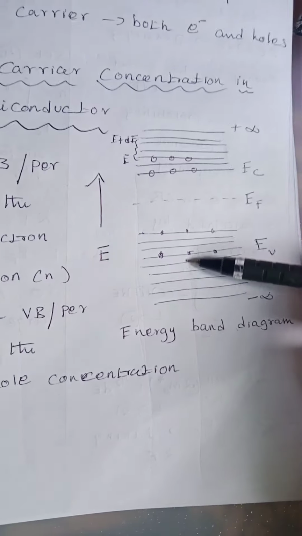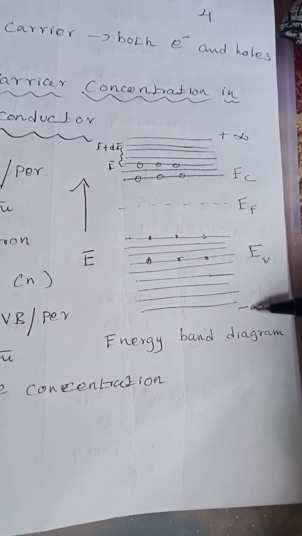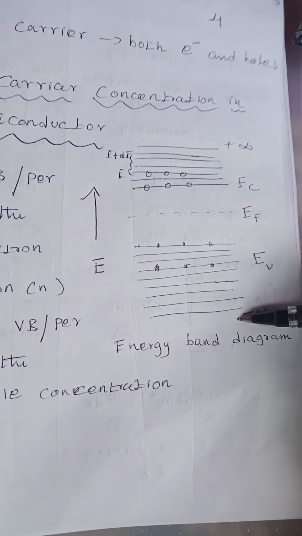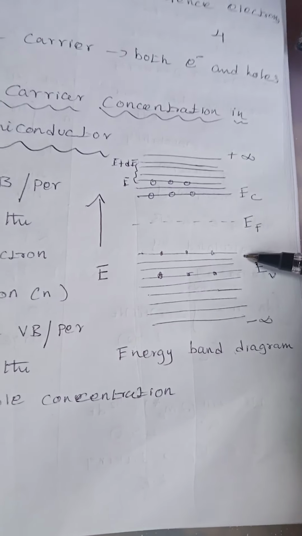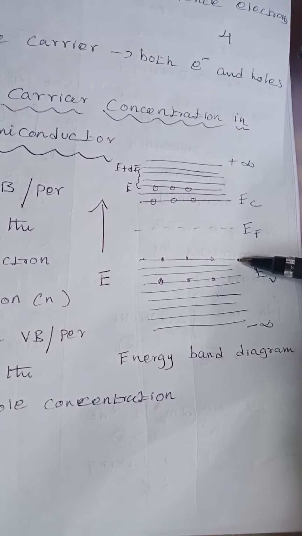These are the energy levels in the valence band, and you have energy levels in the conduction band, from minus infinity to plus infinity. Minus infinity represents the lowest energy level of the valence band, and EV, E suffix V, is the highest energy level of the valence band.